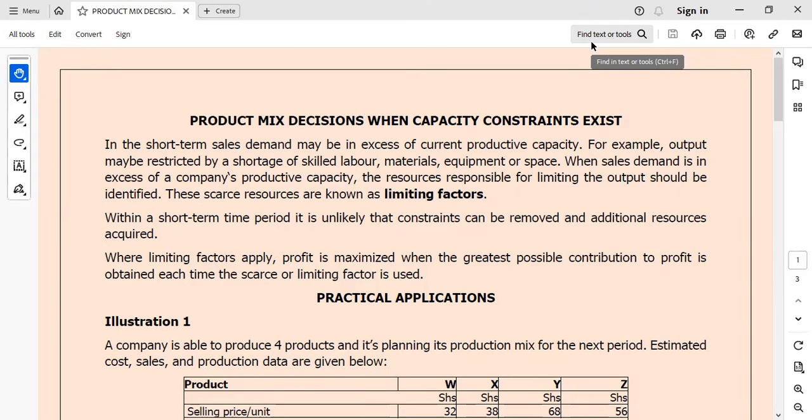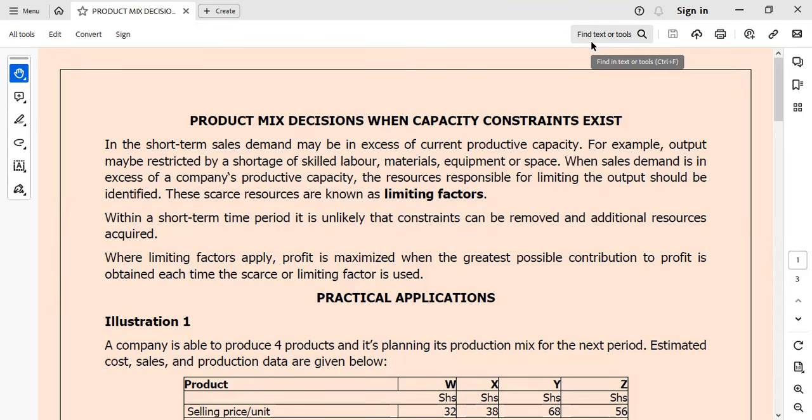So when it comes to such a situation, we use the concept of limiting factor analysis. This is a technique which will maximize contribution for an organization by allocating the scarce resources that exist to producing those goods or services that earn the highest contribution per unit of the scarce resource available.